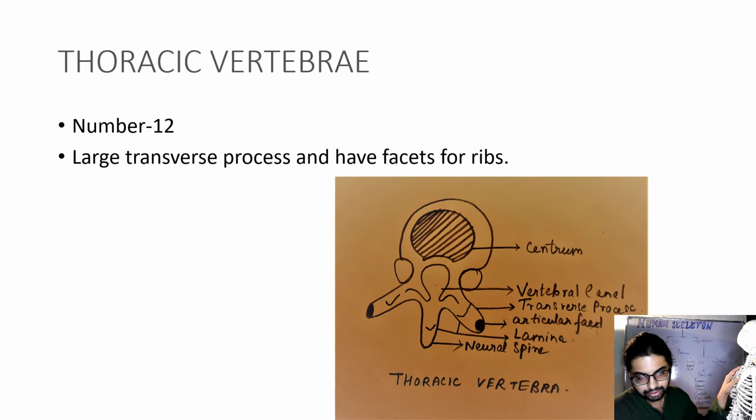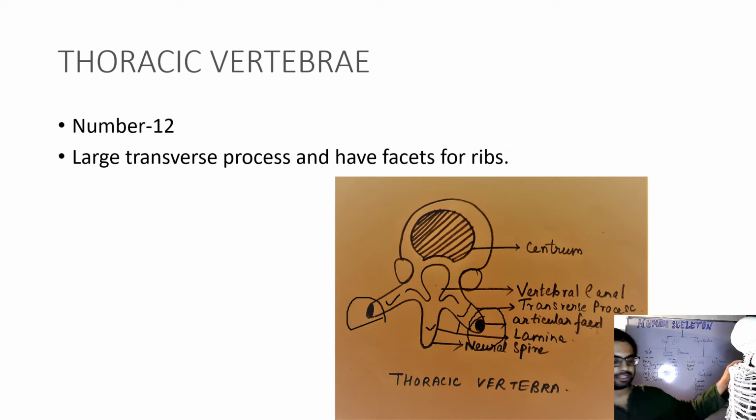So the thoracic vertebra has large transverse processes and this black region you see, here the ribs attach. So these are the facets where ribs are attached to the thoracic vertebra.